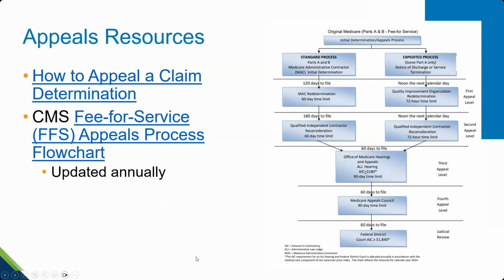Providers and suppliers can appeal services on which they accepted assignment. So for unassigned claims, providers and suppliers can act as the beneficiary's representative, but the beneficiary for those non-assigned claims has to sign an authorization statement.